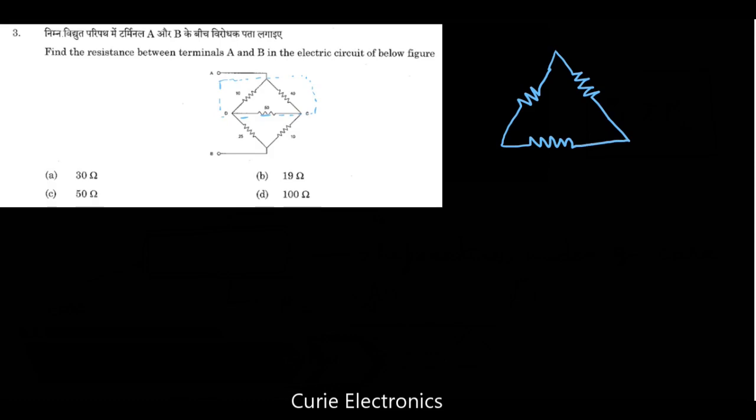I took the top 3 resistors: 10 ohm, 40 ohm and 50 ohm. This is A, this is C and D. Now I have to replace this with a star network.